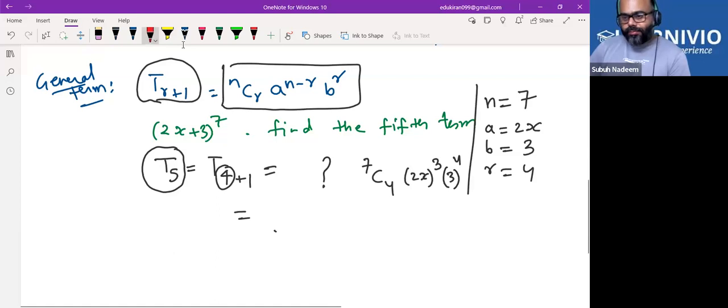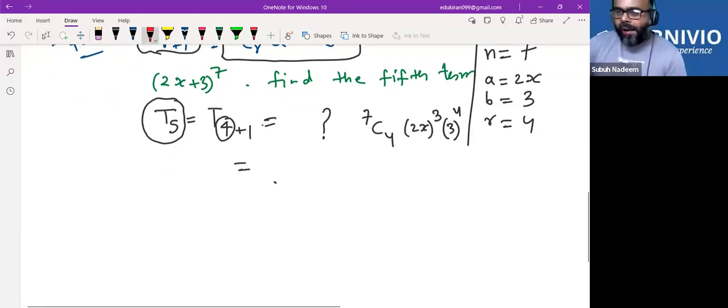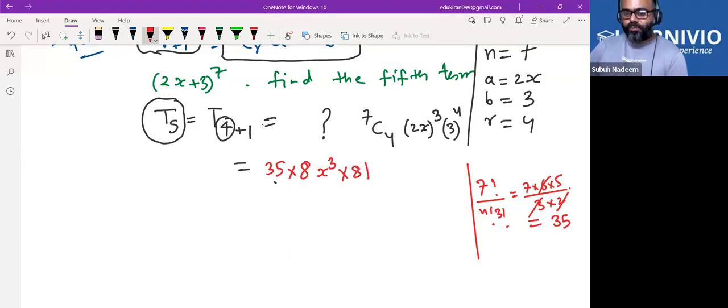7C4 value if you want to find it out, 35. So 7 factorial by 4 factorial into 3 factorial. 7, 6, 5 by 3 into 2, because 4 factorial will get cancelled and 6 will cancel. You get 35. And 2 cube is 8x cube, into 3 to the power 4 is 81.